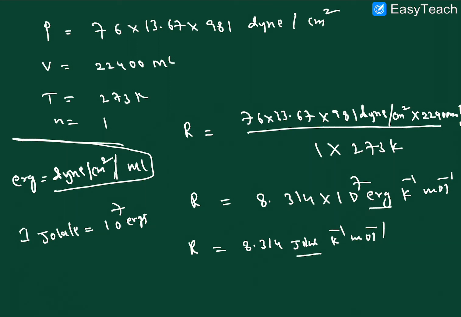What is the initial pressure here? The pressure is 2 atm, that is P1, right? So P1 is equal to 2 atm. And what is the initial temperature here? The temperature T1 is equal to minus 73 centigrade.